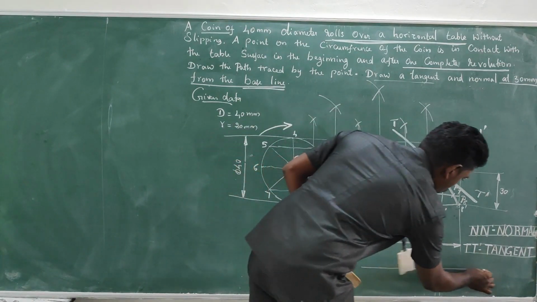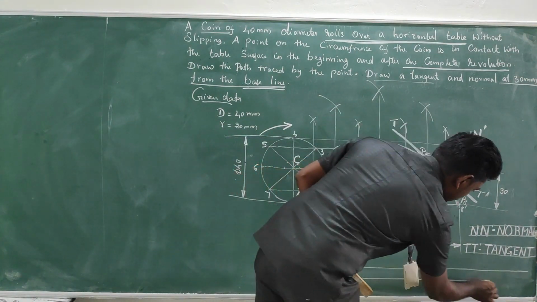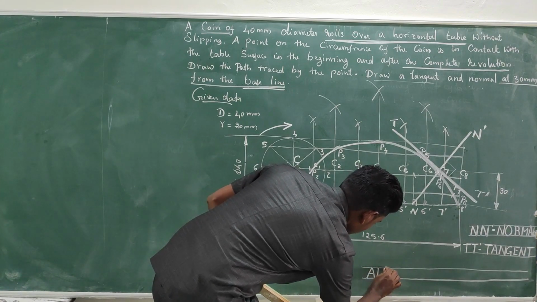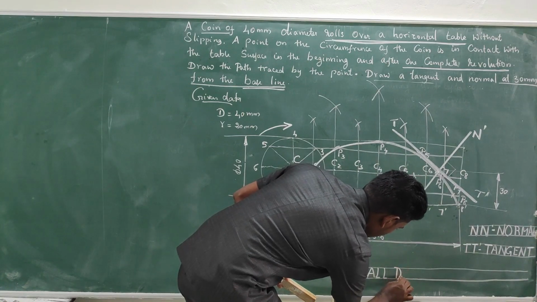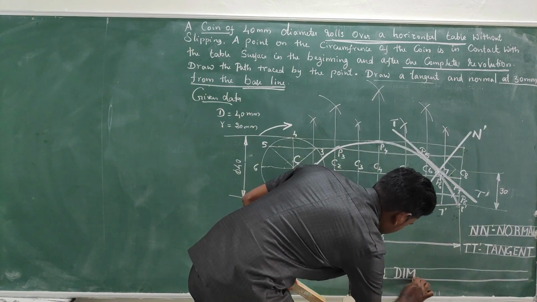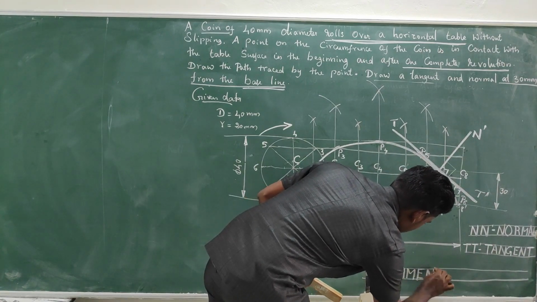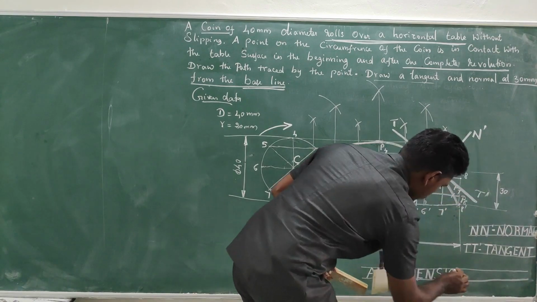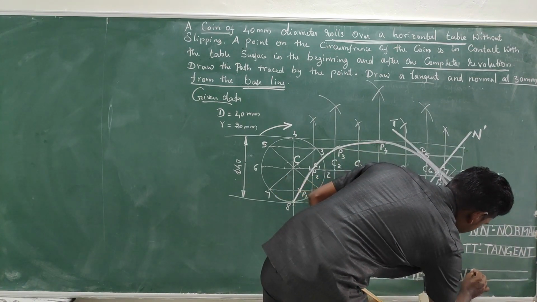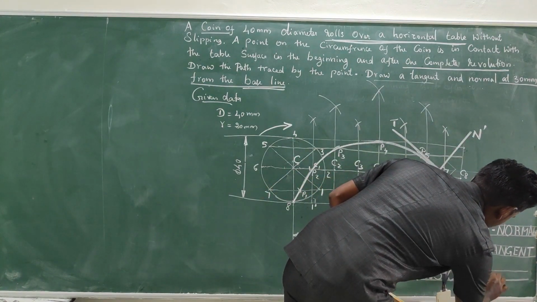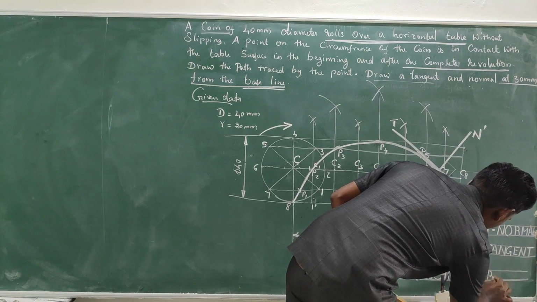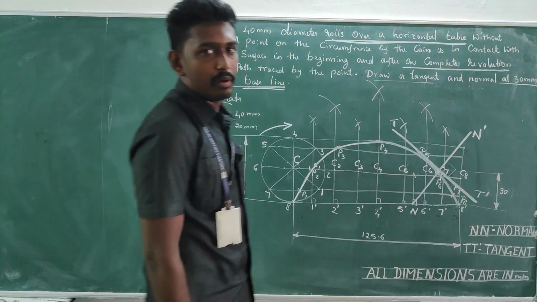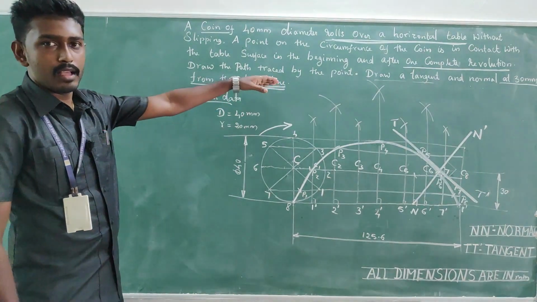So for that you can open a 5 mm gap guideline, and you can write all dimensions are in mm. Sometimes in the question they will be adding to name the curve, something like that.